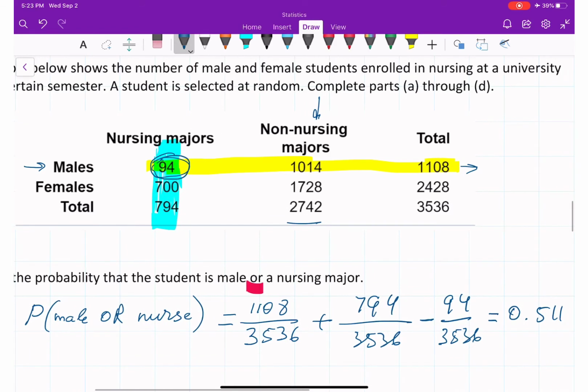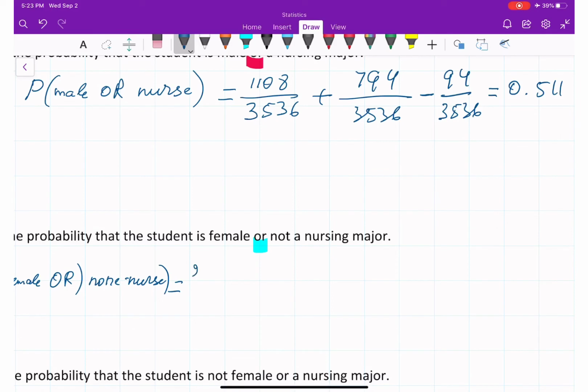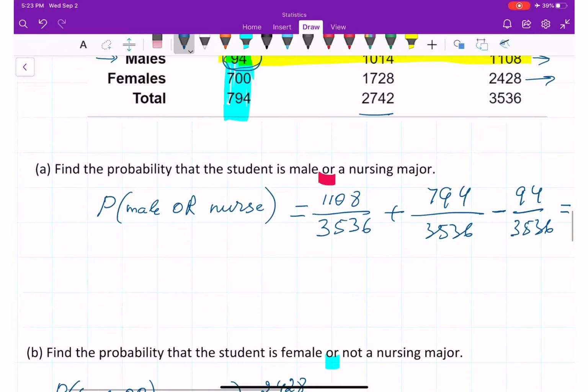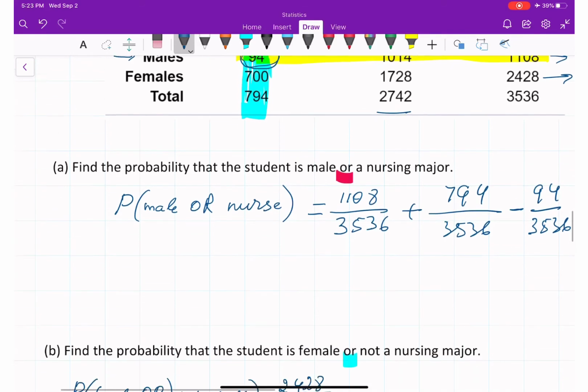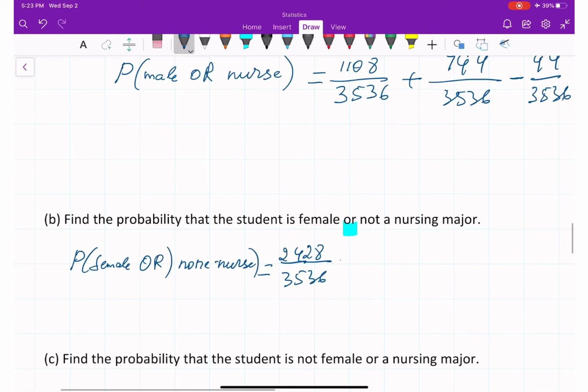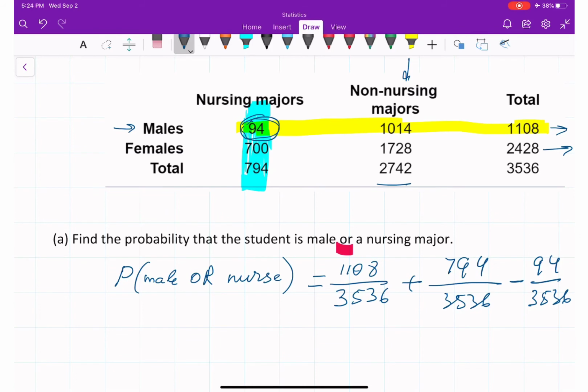It's going to be 2428 over 3,536, right? Over the grand total. And non-nurse, it's going to be 2742 this time. Yes? Plus 2742 over 3536. And do we have an intersection here? Yes, we do. It's going to be this one.